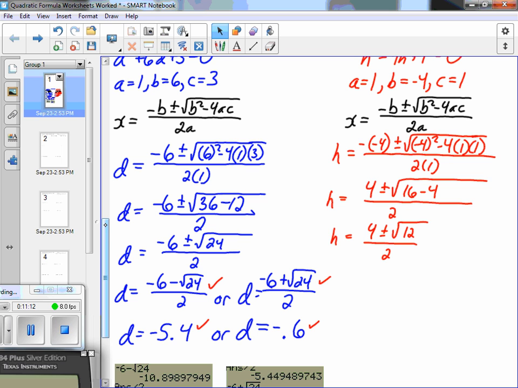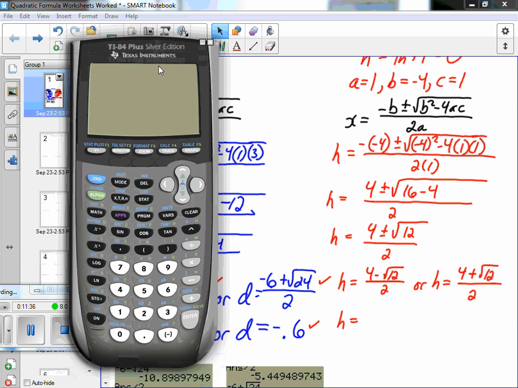moment. So let's turn it into a decimal, but before we do that, let's spell out our two different solutions. H equals 4 minus the square root of 12 over 2, or H equals 4 plus the square root of 12 over 2. And then let's use our calculator. So 4 minus the square root of 12, then we'll divide that by 2.